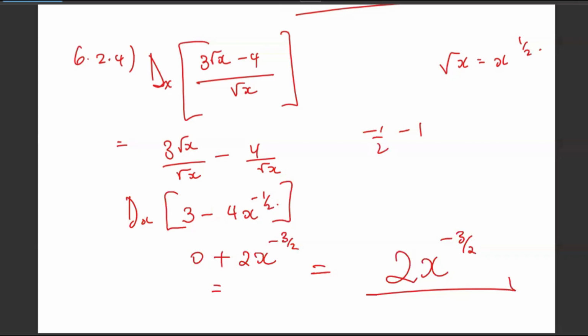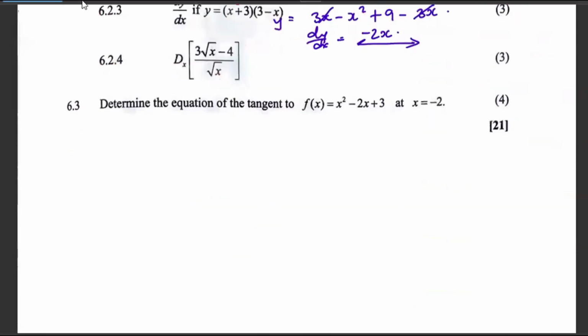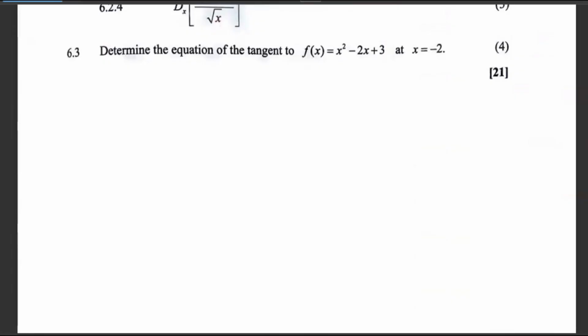Yeah. Okay, then 6.3, they want us to get the equation of the tangent to this graph at this point. So step number 1, let me get the point where the tangent is meeting. We need the y coordinate. So I'll say f of negative 2.